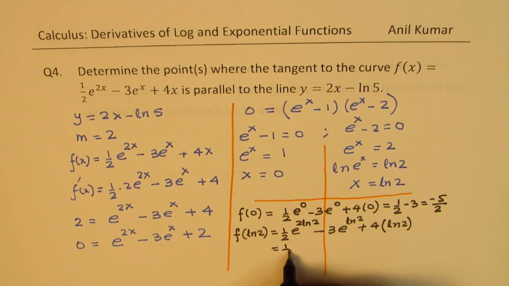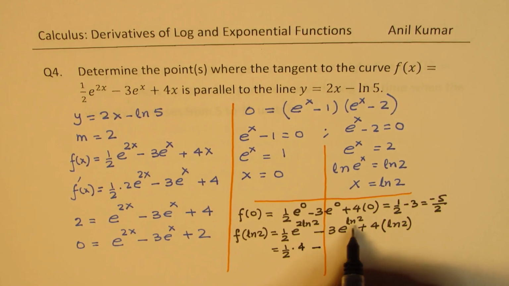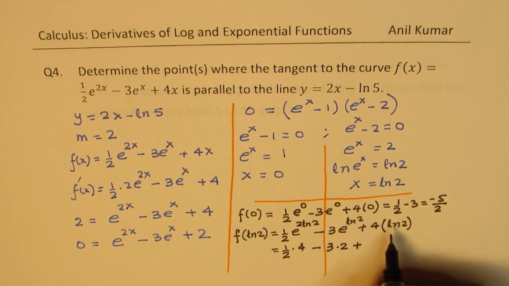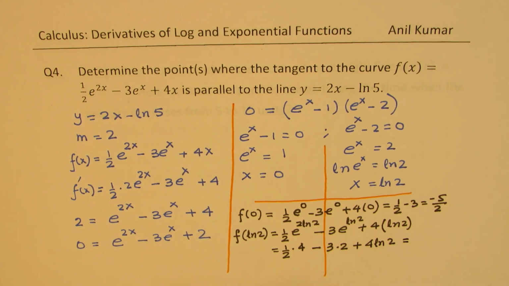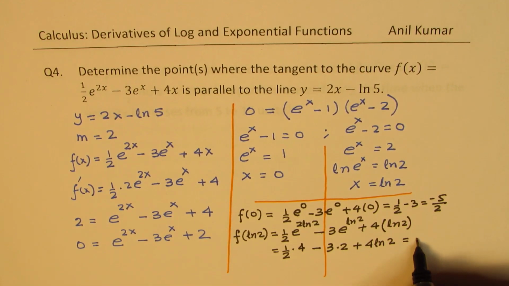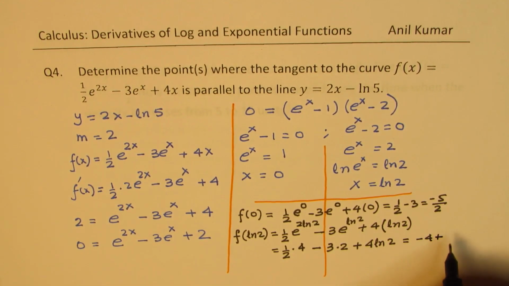So we could write this as half times 2 squared, which is 4, half of 4 is 2, minus 3 times 2, plus 4 ln 2, or you can write this as ln 8 also, right? But let's keep it as 4 ln 2. So combine these terms. So that is 2 and that is 6. So what we get here is minus 4 plus 4 ln 2.